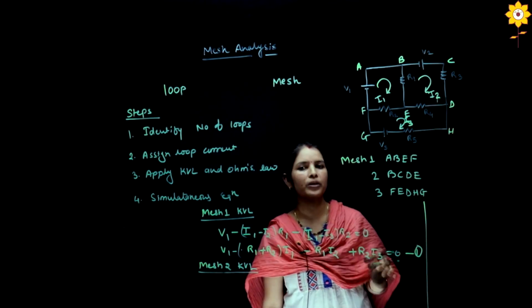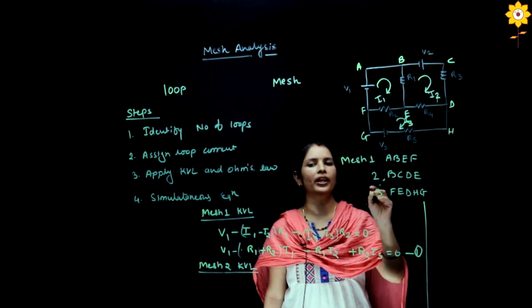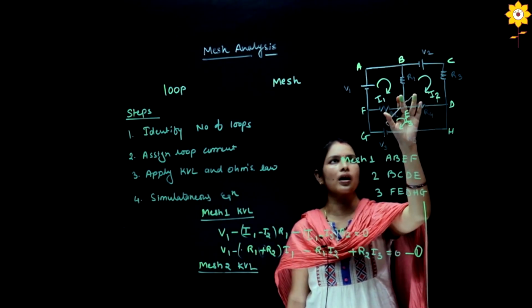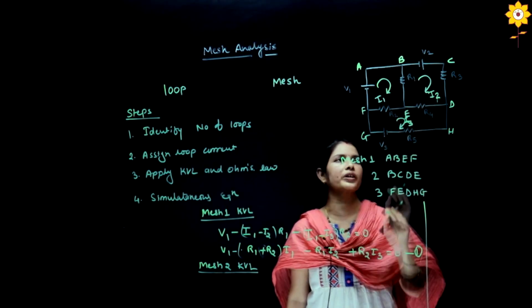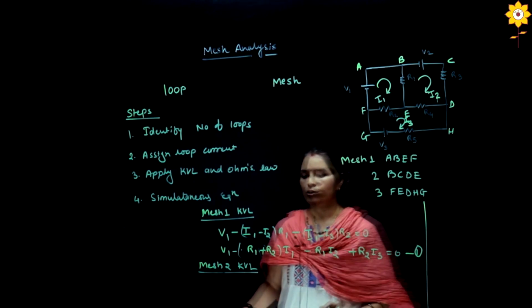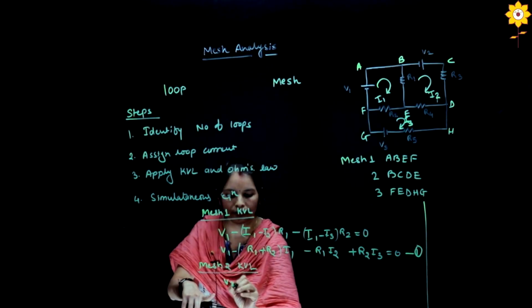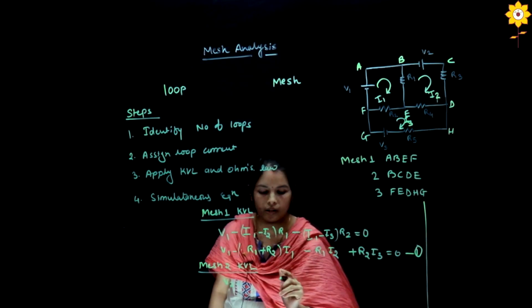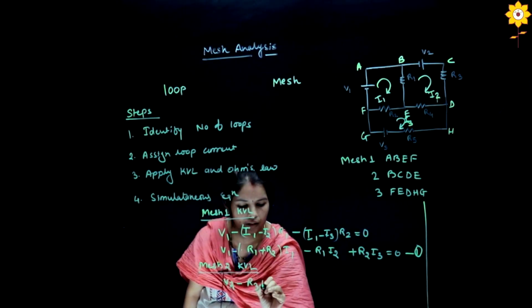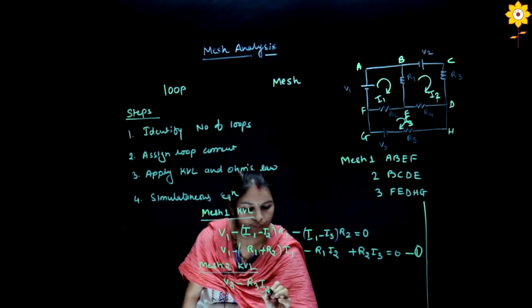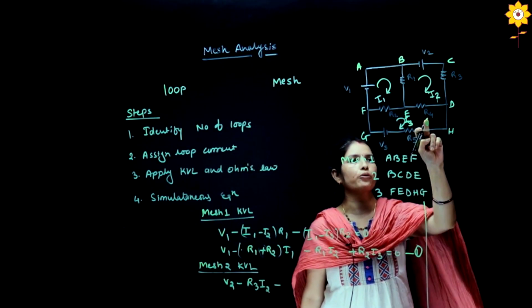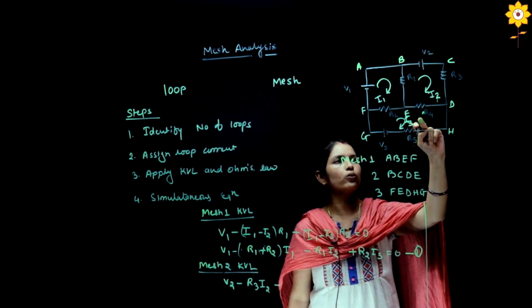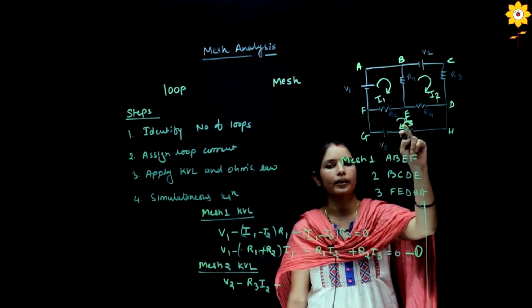If a similar current flows, it will be taken as positive. If the current directions are opposite, it will be treated as negative. So we will write the equation V2 minus, from R3 only one current, so it will be R3 into I2, minus R4.